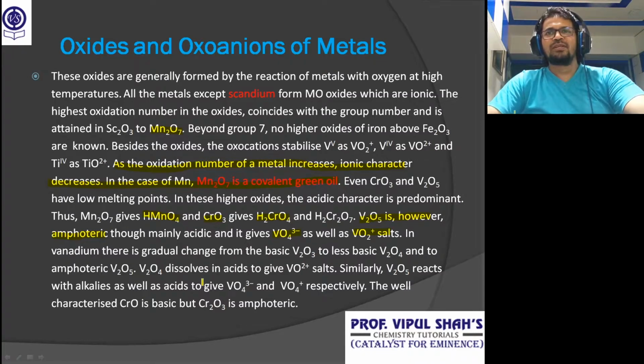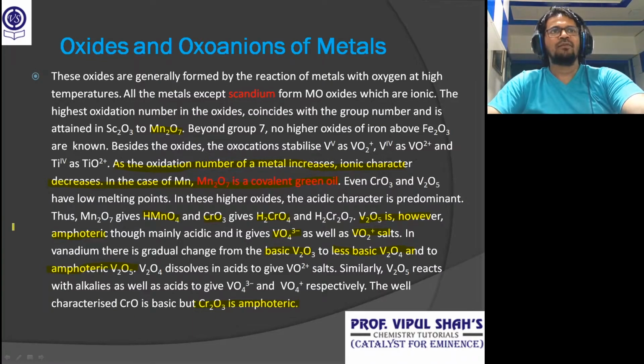So in V2O5 it's amphoteric, but in the other oxides it forms acidic or basic forms. In vanadium, there's a gradual decrease from the basic V2O3 to the less basic V2O4, and then to the amphoteric V2O5. And Cr2O3 is also amphoteric.